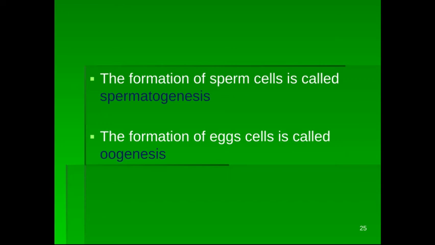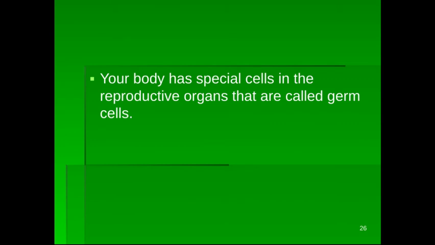Remember, spermatogenesis is going to be happening throughout a male's lifetime up until they've peaked at their reproductive age, whereas the formation of eggs happens before a female is actually born. Germ cells are the cells that produce your sperm and your eggs, okay?